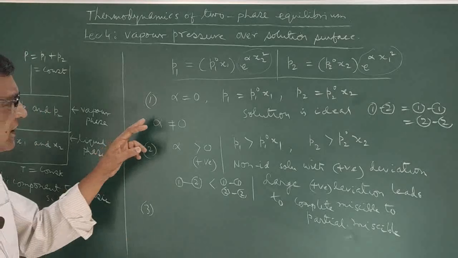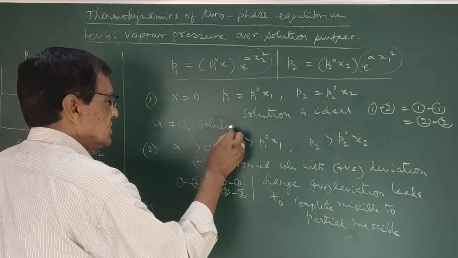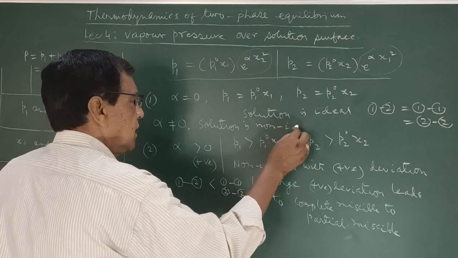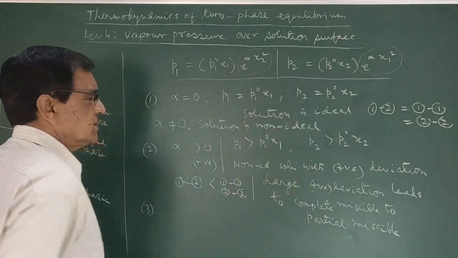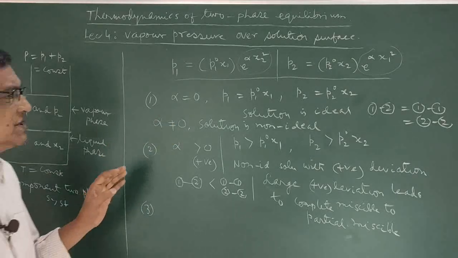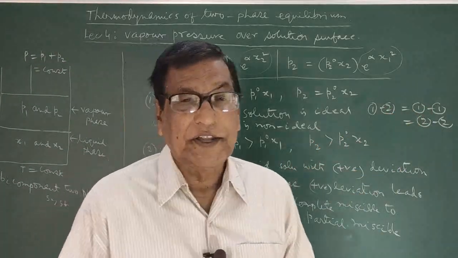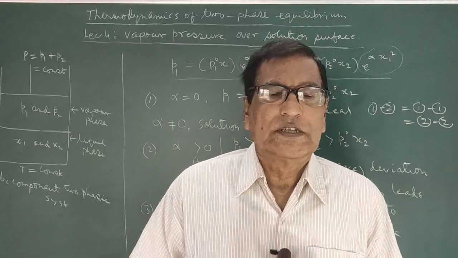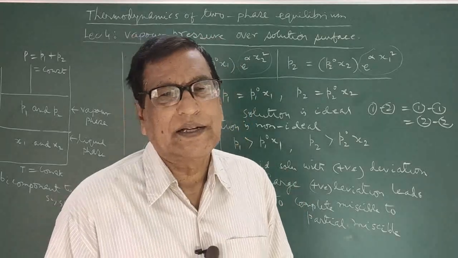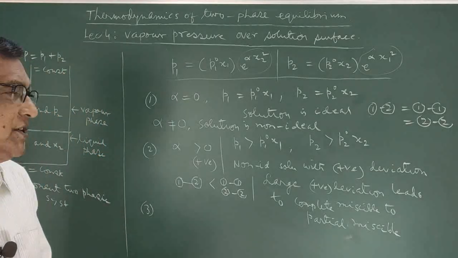So whenever alpha is not equal to 0, the solution is non-ideal, meaning these three cohesive forces are not uniform. There is no complete uniformity of these three types of intermolecular attractions among the molecules of the two liquids present in this solution.